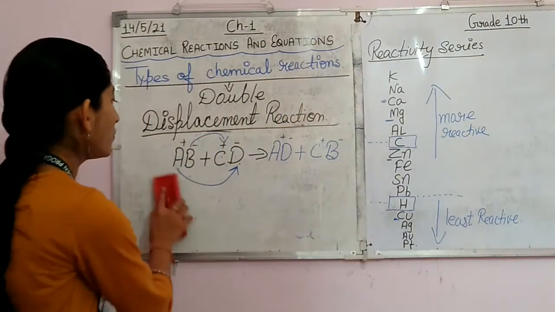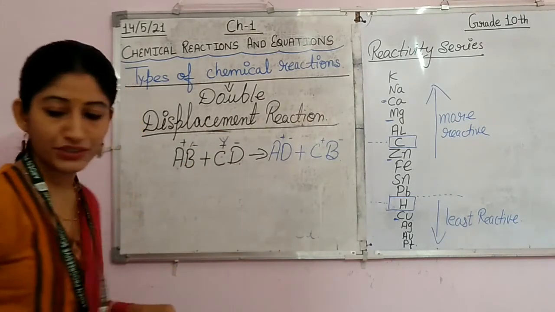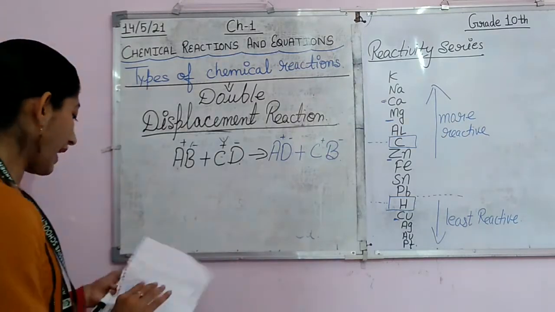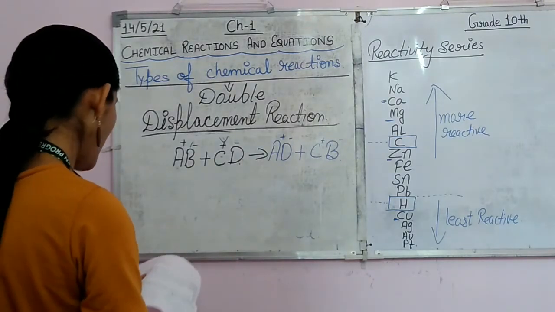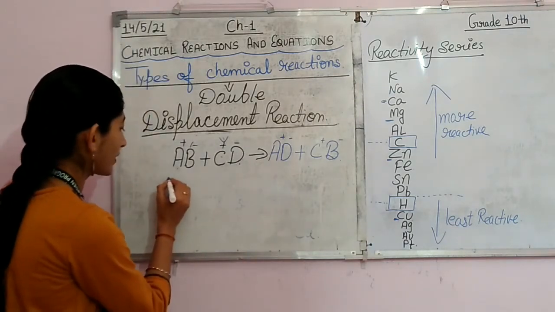Let's see. Suppose we have one reaction that is common, that you all have done previously in an activity: lead chloride and barium iodide.